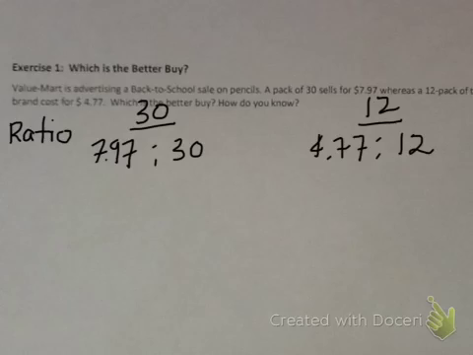If we looked at these numbers and could see a common multiple, that's why I wanted those of you who needed a little bit of assistance to study that during the summer, so hopefully you can look at 30 and 12 and know that the least common multiple, the LCM, of these two is 60.